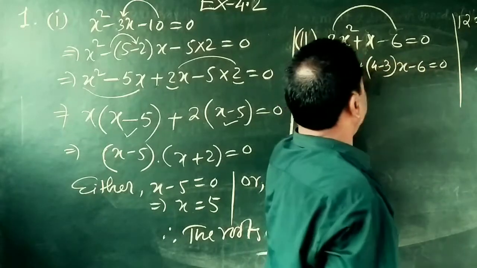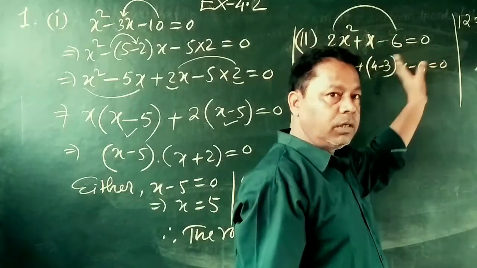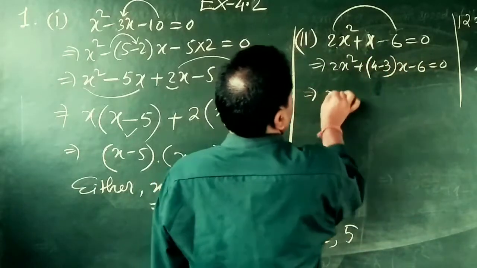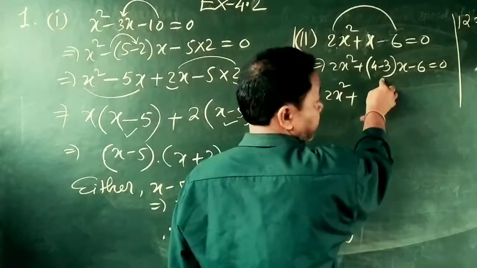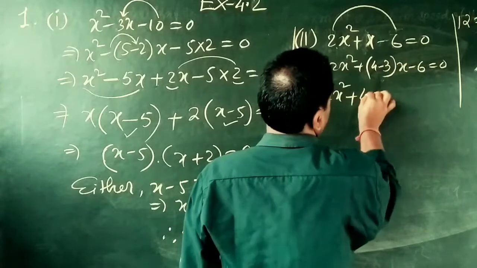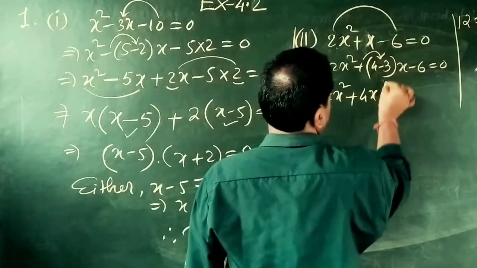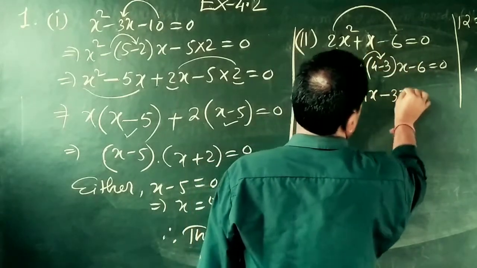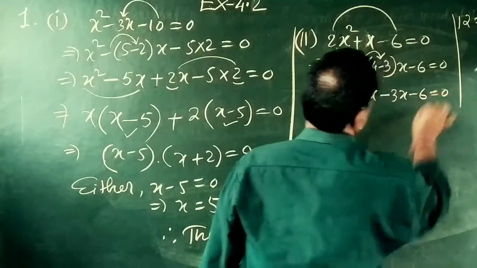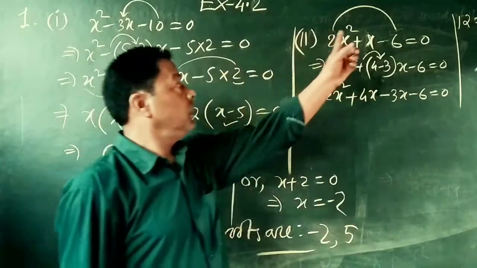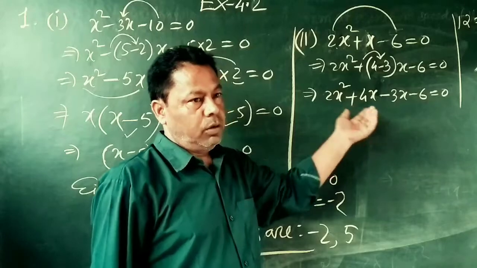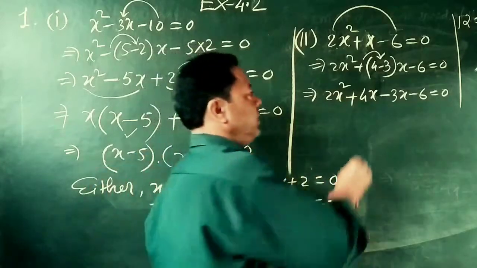They are the factors of the product of 6 and 2. Okay. So here 2x square plus, we open the bracket, 4 into x, 4x, plus into minus, minus 3 into x, 3x, minus 6 is equal to 0. Now before we had 3 terms, now we have got 4 terms. When 4 terms are there, then we have to make 2 groups.